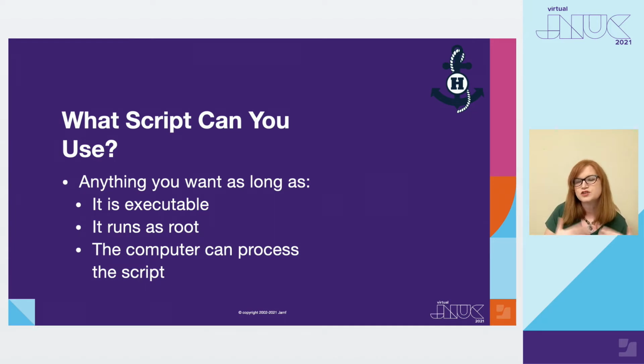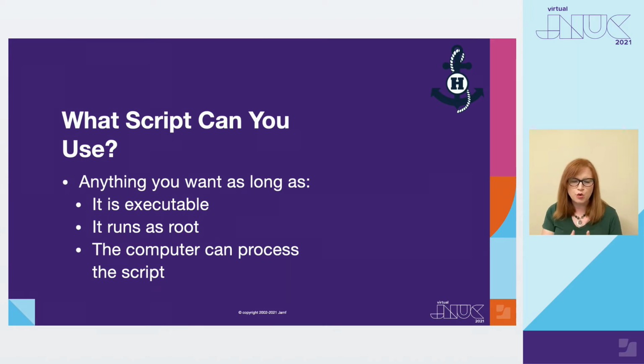It also needs to run as root, which is also something that you're probably familiar with from using Jamf. You don't want to do a lot of stuff in the user space. You're not going to have a desktop that you can call. You want to make sure that what you're running can be run as root. And the computer also has to be able to process this script. What I mean by that is that it needs to be able to run the script manually.